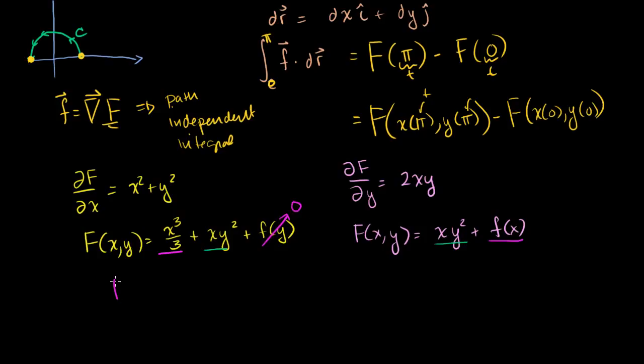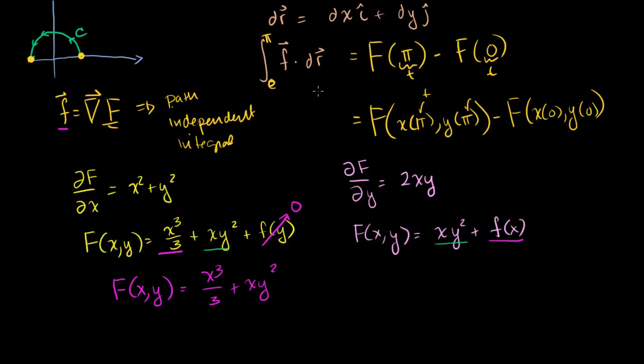So we've solved. Our capital F of xy must be equal to x to the 3 over 3 plus xy squared. So we know that lowercase f is definitely conservative. It is path independent. It has its potential. It is the gradient of this thing right here.